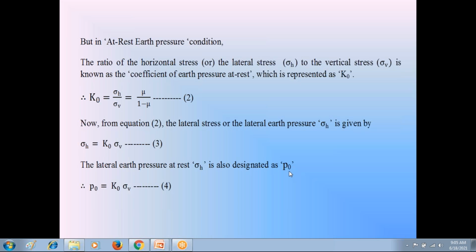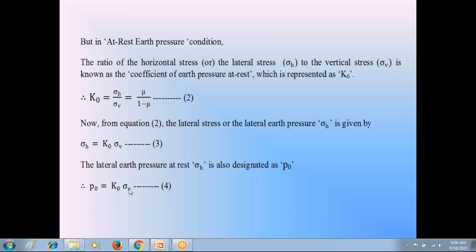Either sigma h or P0, both are the same. So the at rest horizontal earth pressure P0 is equal to K0 into sigma v.